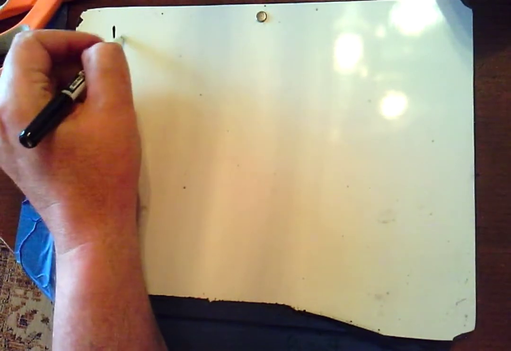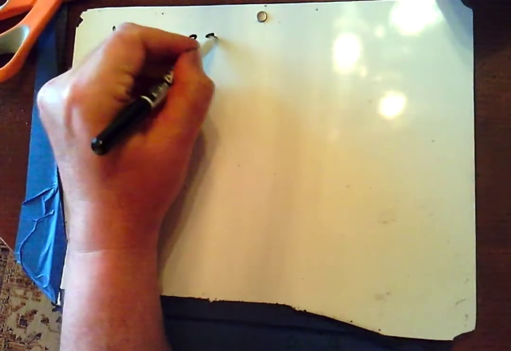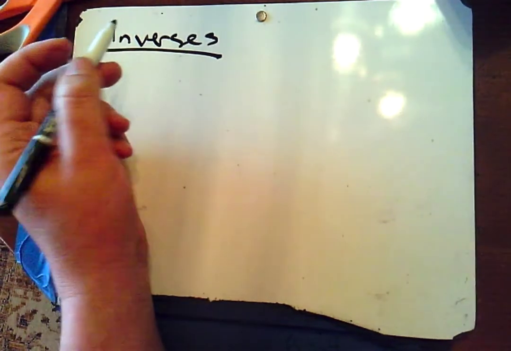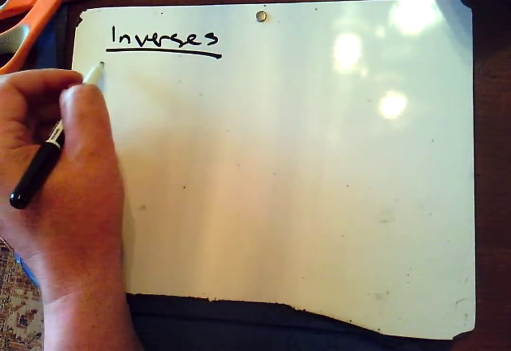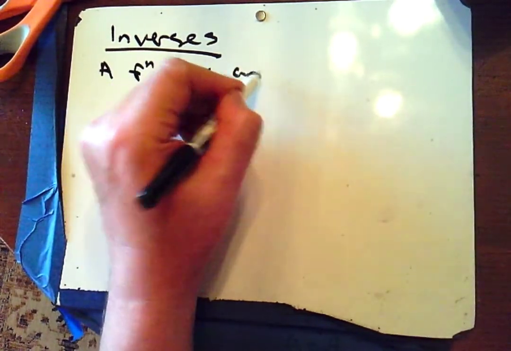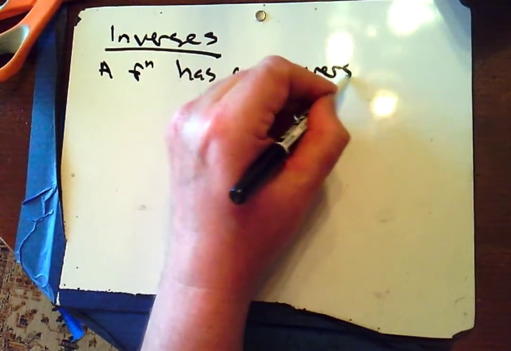Okay, what's next? Well, next I want to talk about inverses for a second. What do we remember about inverses? A function has its inverse. How can I tell if a function has an inverse?